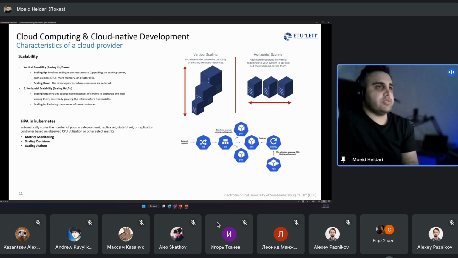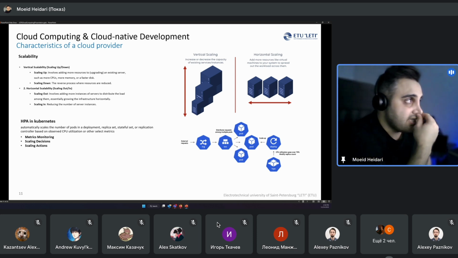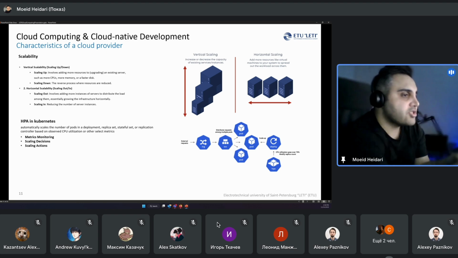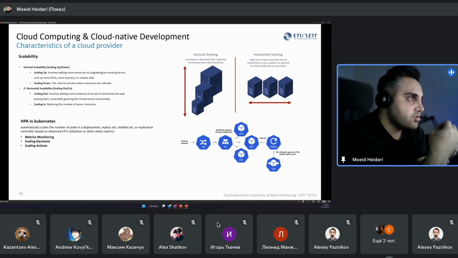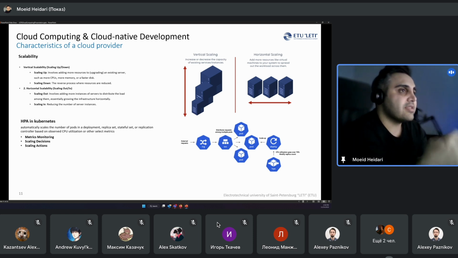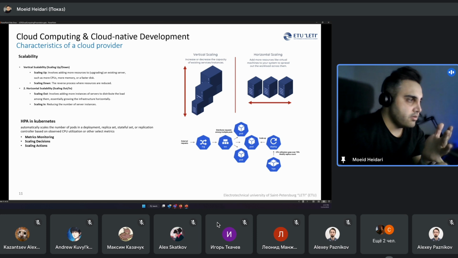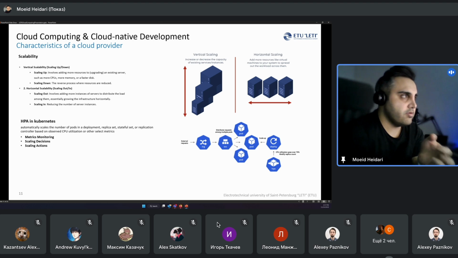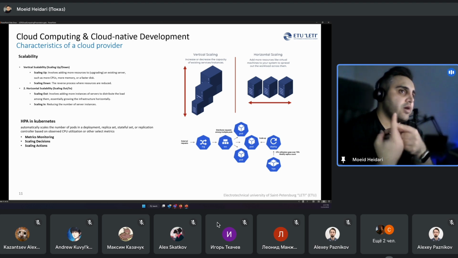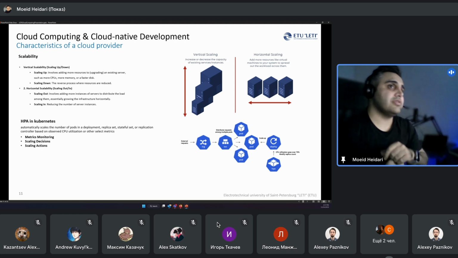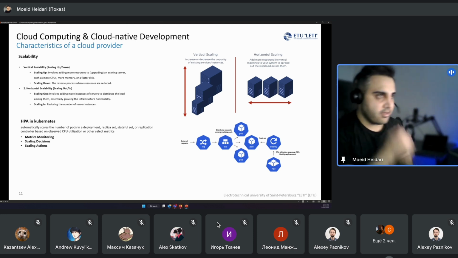It means vertical: you scale it up, you grow it. At the same time, you may not want to touch the current specification of your server, but you still want more capabilities and power in your system. Most of the time in a cloud environment, we provide servers as a cluster of nodes, where each node can be a physical server, a virtual machine, or any kind of computing unit. So you have a cluster with one node, and you see that this node is not capable of handling all the operations.